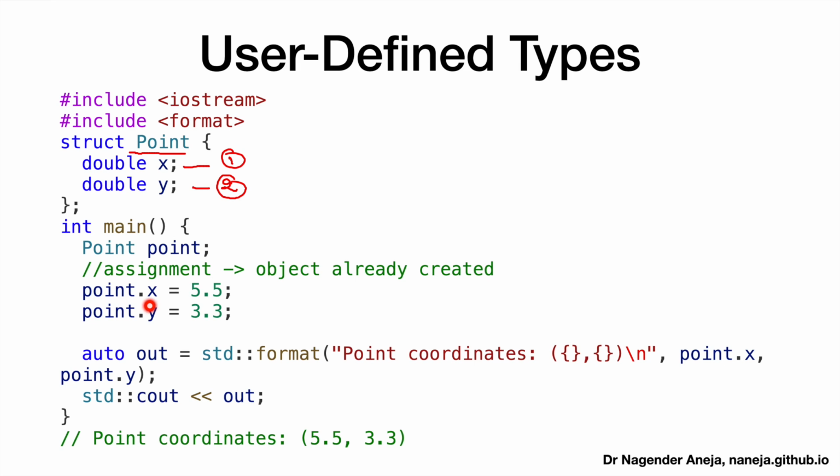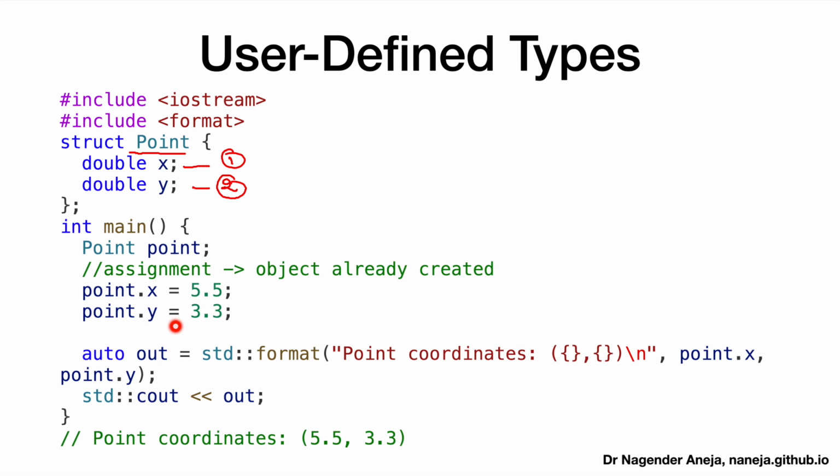So we can say the point dot x. So this is how we access this, because x and y are the member variables of the new data type that we have created, the point. So if we want to access the member variables, we'll use the dot notation. So we have created the variable or the object which is named as point, and if you want to access x and y, it is the point dot x and the point dot y.